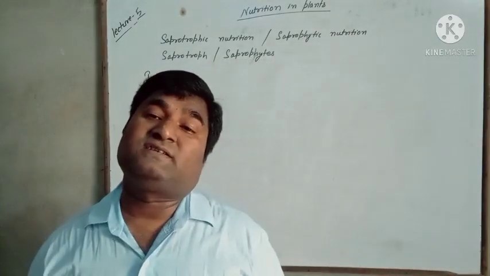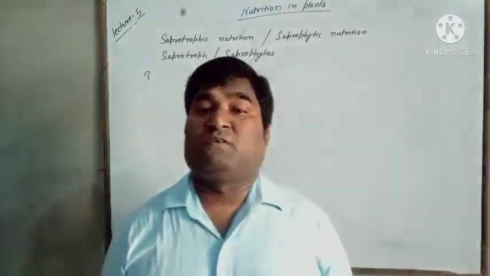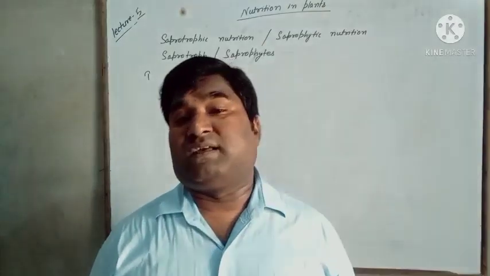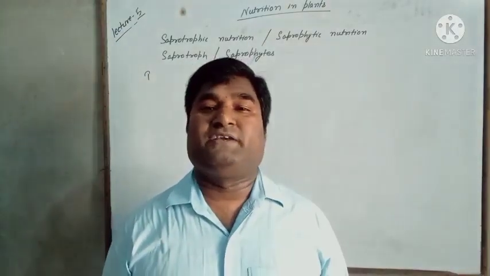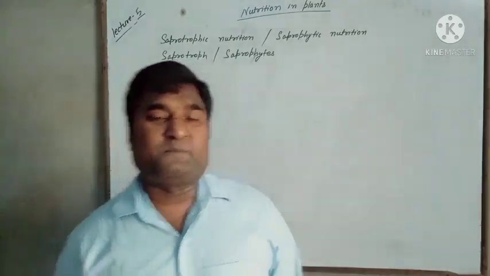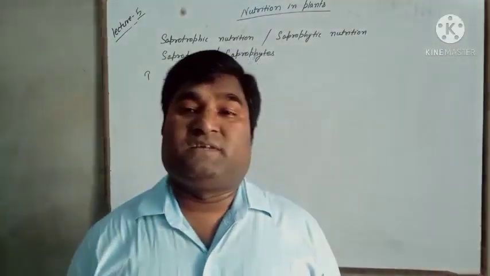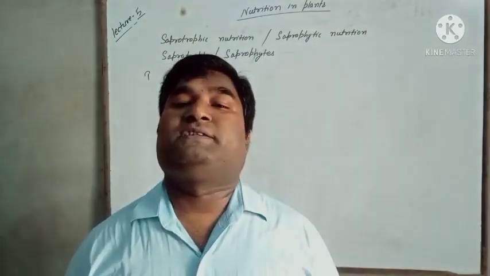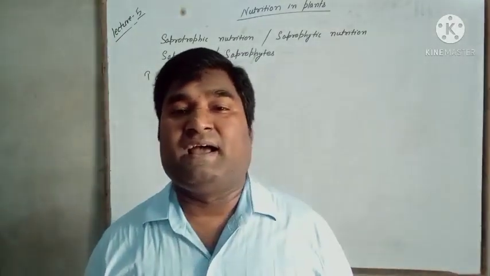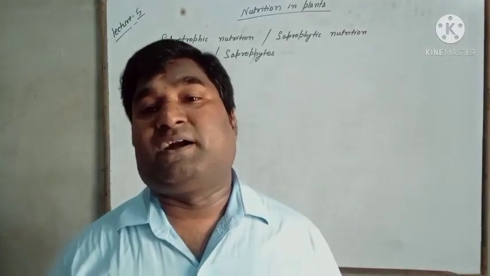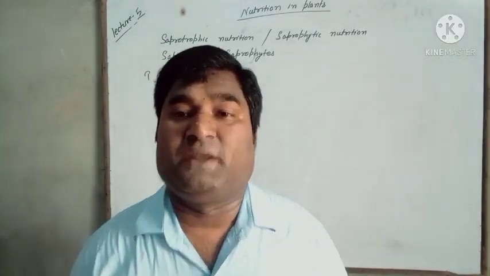Next we discussed saprotrophic nutrition or saprophytic plants. Fungi, mushroom, and molds are examples of saprophytic plants. These organisms do not make their own food, they are non-green, and they depend upon dead and decaying organic matter for their nutritional requirement.